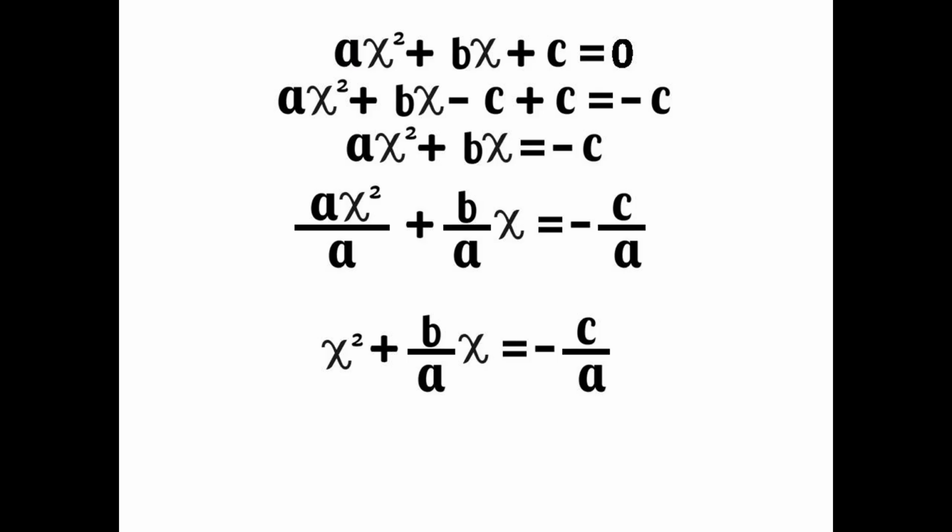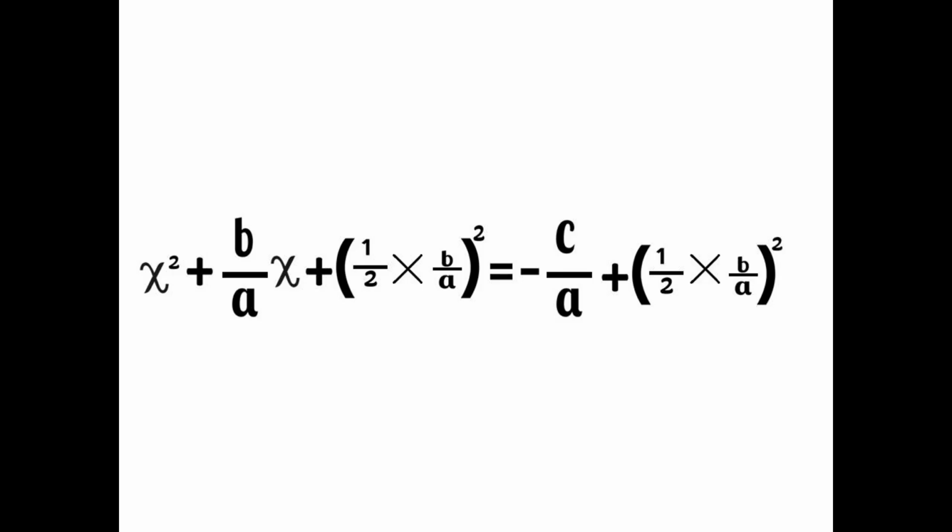That means x squared plus b over a x plus (1 over 2 times b over a) all squared. We have to do that to the right hand side as well: minus c over a plus (1 over 2 times b over a) squared.